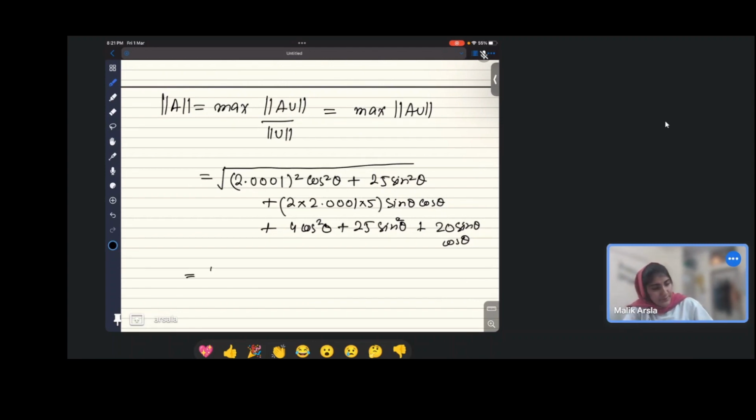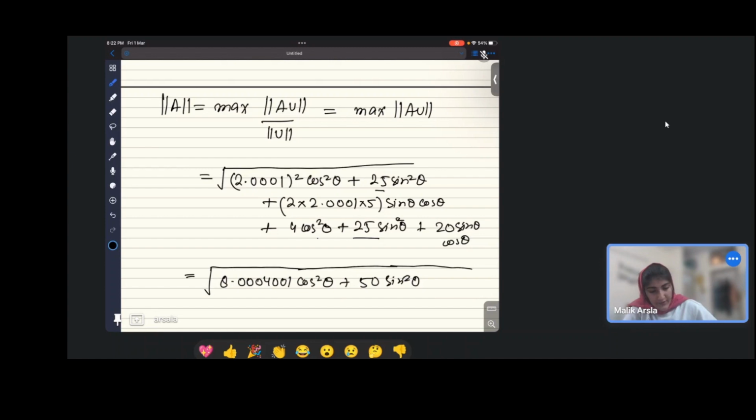Now it will be equal to 8.00040001, clubbing this cos square theta and this cos square theta, into cos square theta, plus 50 sine square theta. This 25 sine square theta and this 25 sine square theta give me 50 sine square theta.